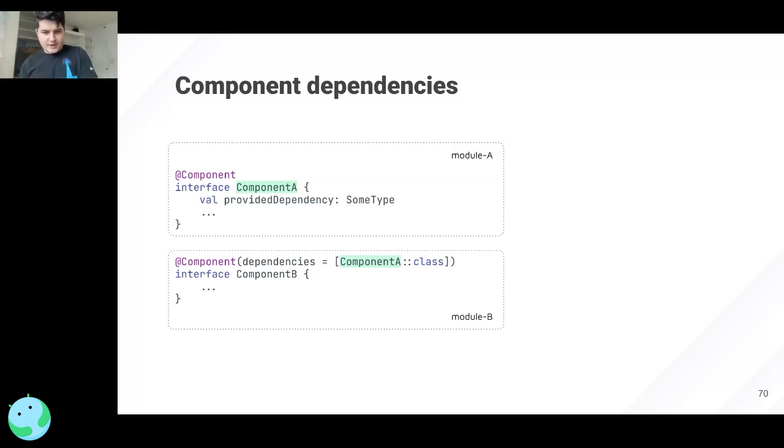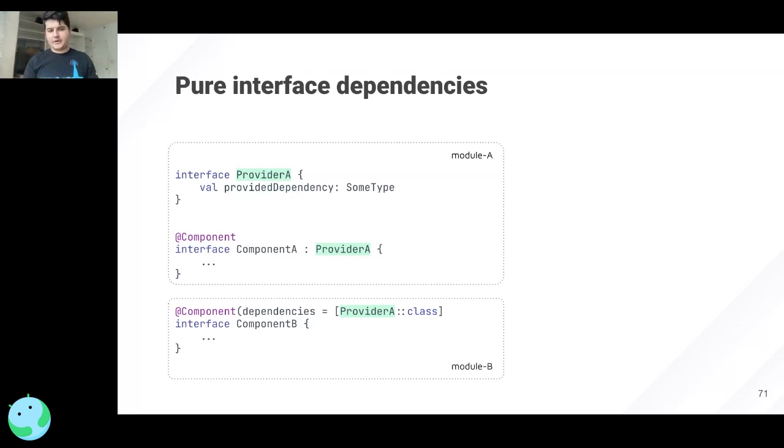In module B, on the other hand, we have component B, but it needs to use some dependencies from component A. In this case, we specify that we depend on some other parent, which is component A. This way we can get whatever dependency graph we had with component A, and we can use it in component B.